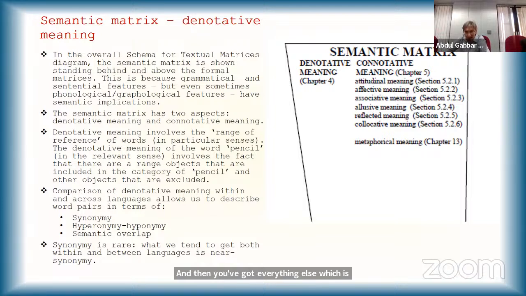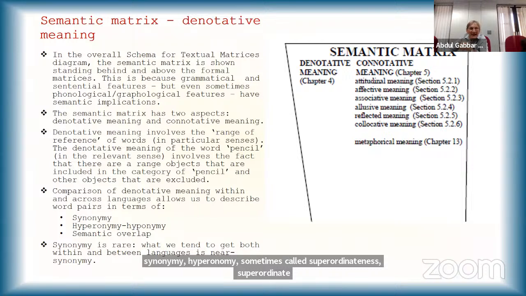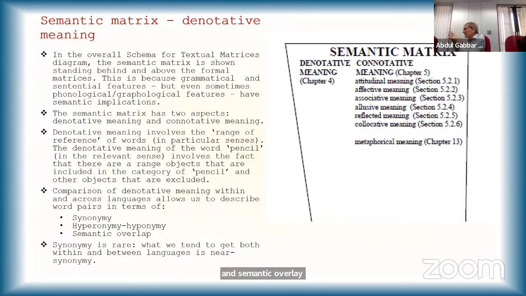And connotative meaning, I won't go into this, but it gives us these relationships that you probably will have studied: synonymy, hyperonymy, sometimes called superordinateness, superordinate, hyponymy, and semantic overlap. So these are the kind of basics, and they're based on logic, actually, set theory and logic.